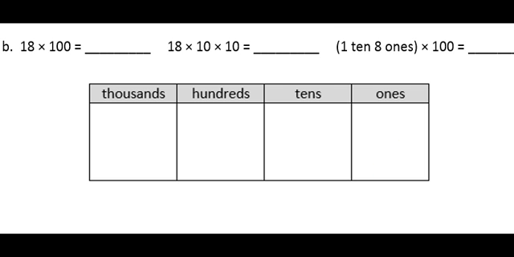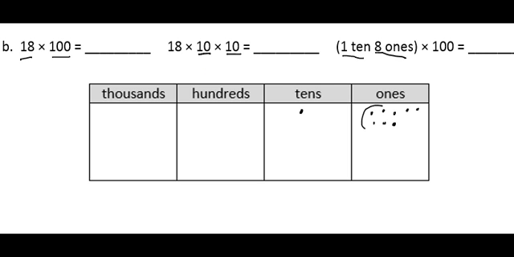In this example, I'm multiplying a 2-digit number, now times 100. I'm going to start off the same as before. I start with 18, which is the same as 1 ten and 8 ones. And I know if I'm going to multiply it by 100, it's the same as multiplying it by 10 and then by another 10.